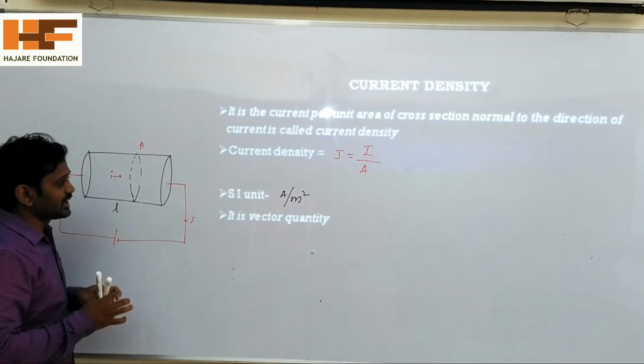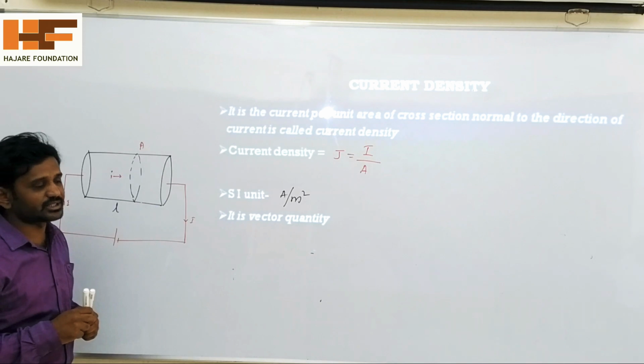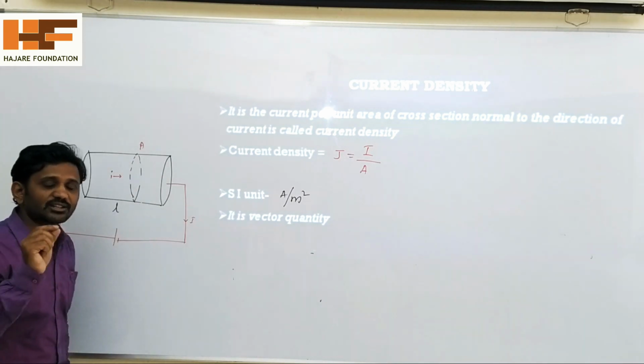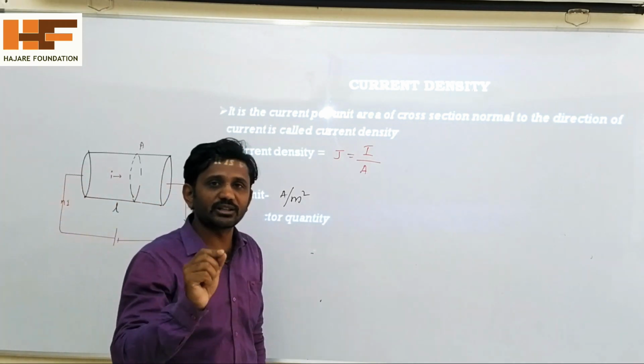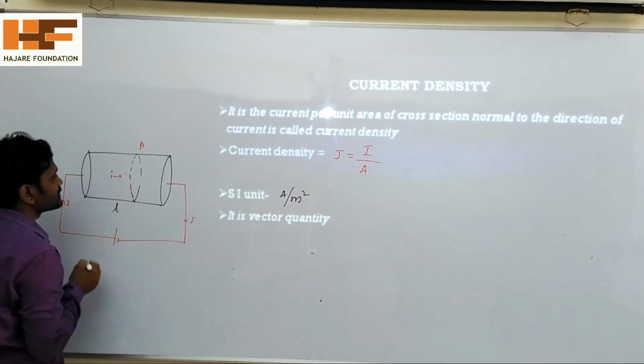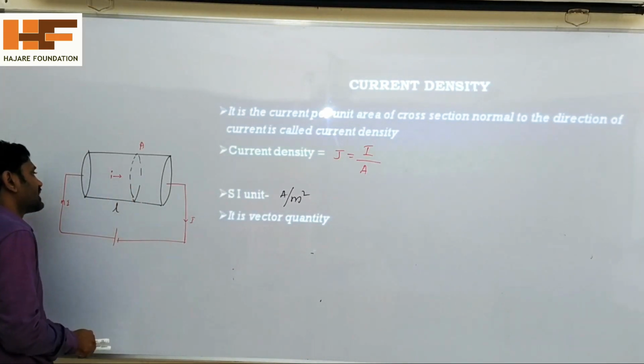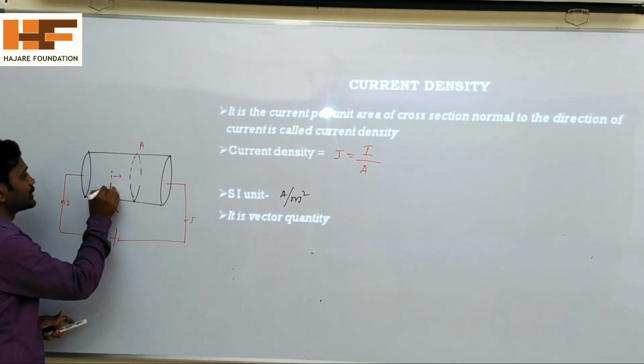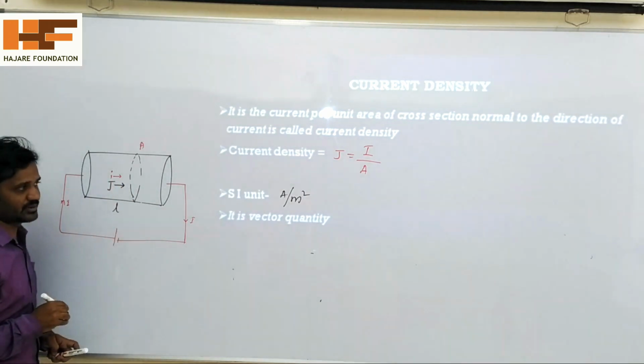What is the direction of this current density? The direction of the current density is along the direction of the electric current. The electric current is in this particular direction, that's why current density is also in the same direction.